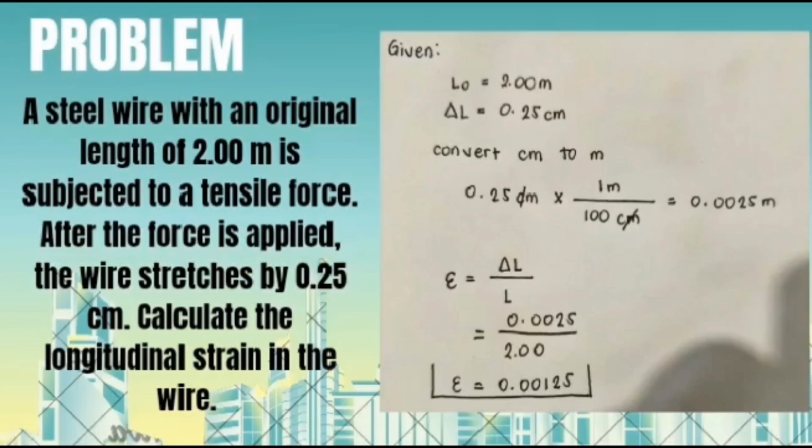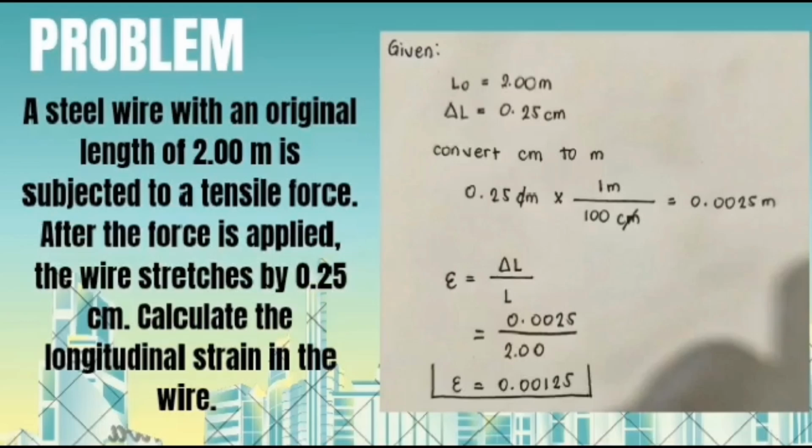The original length is 2.0 meters and the change of length is 0.25 centimeter. As you can see, they have different units. So the change in length will be converted into meters. 0.25 centimeter is equal to 0.0025 meter.